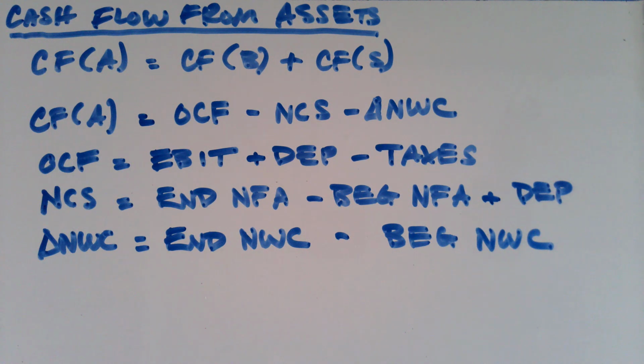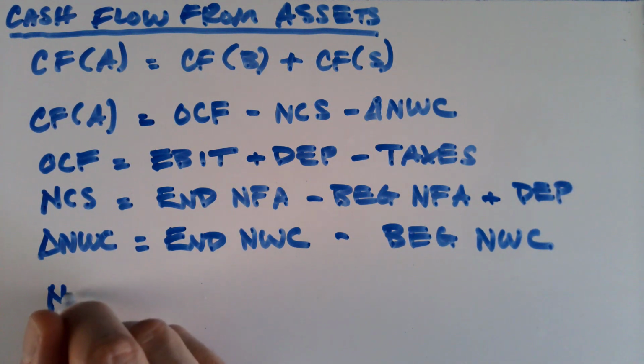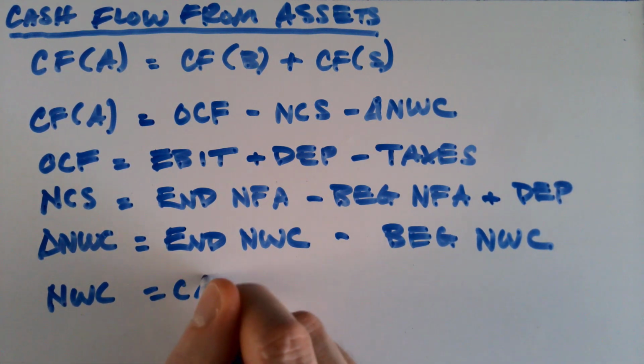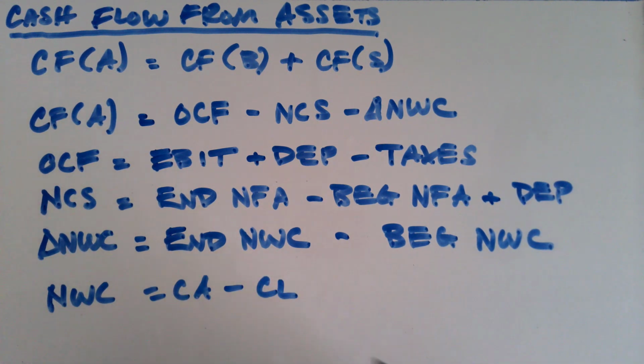Now, if we were being really cruel, we could point out that net working capital is equal to current assets minus current liabilities. And then we could say that this is equal to the ending current assets minus the ending current liabilities minus, parentheses, the beginning current assets minus the beginning current liabilities, close parentheses.